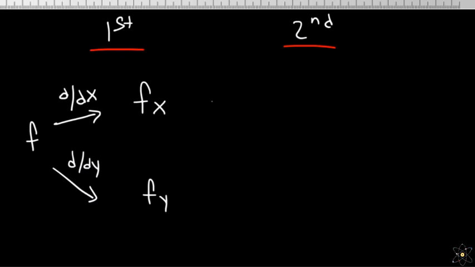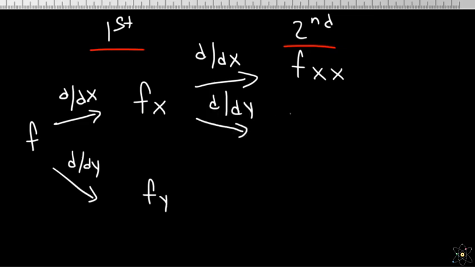Now at this point, we could differentiate the first derivative with respect to x. So the second derivative is going to be fxx, which means that we found the derivative with respect to x twice. Now we could differentiate fx with respect to y, and we'll get fxy, which means that we differentiate it first with respect to x, and then second we differentiate it with respect to y.